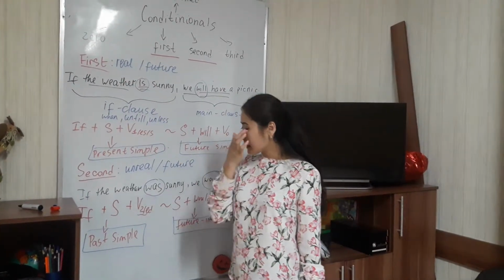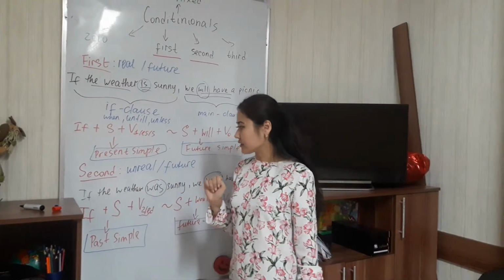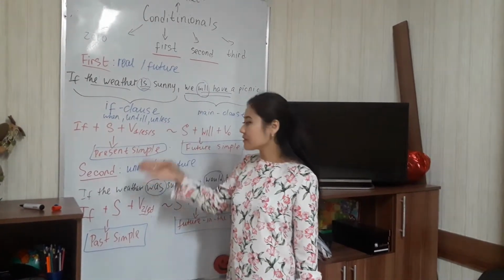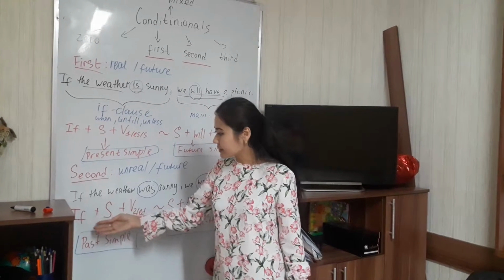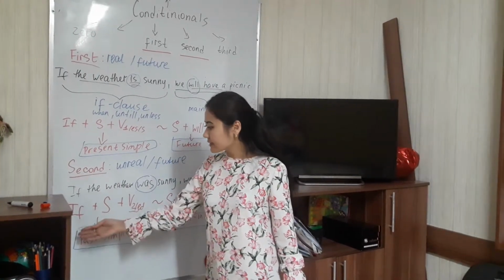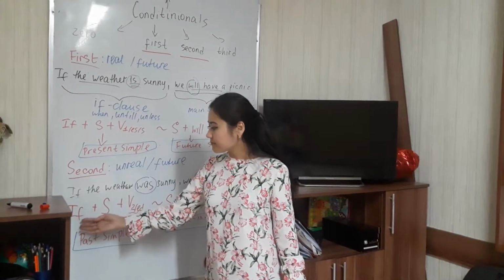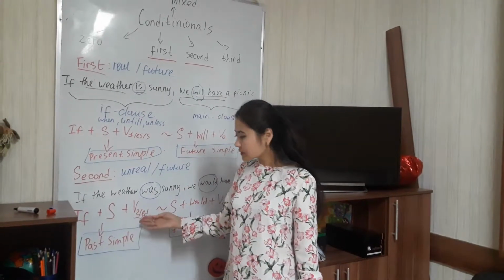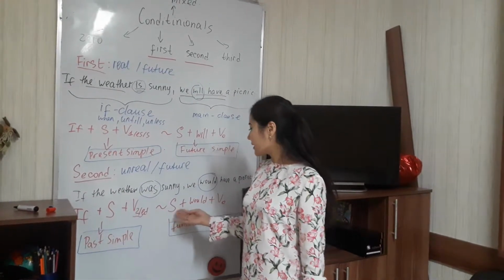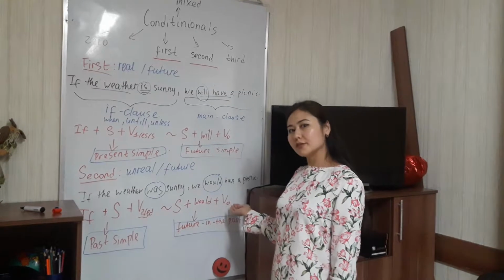Now let's take the second conditional and remake the same sentence according to this structure. And I say, if I got the salary, I would buy a dress.